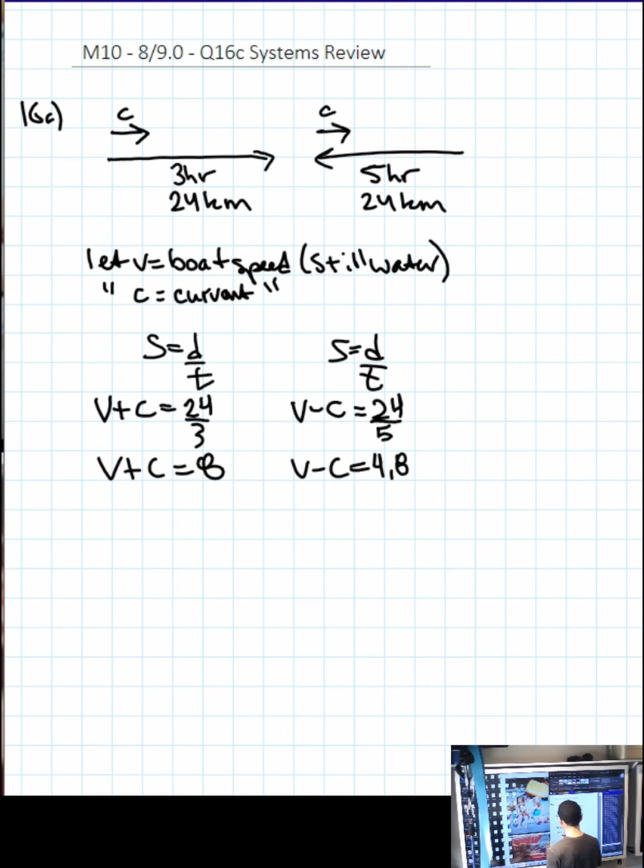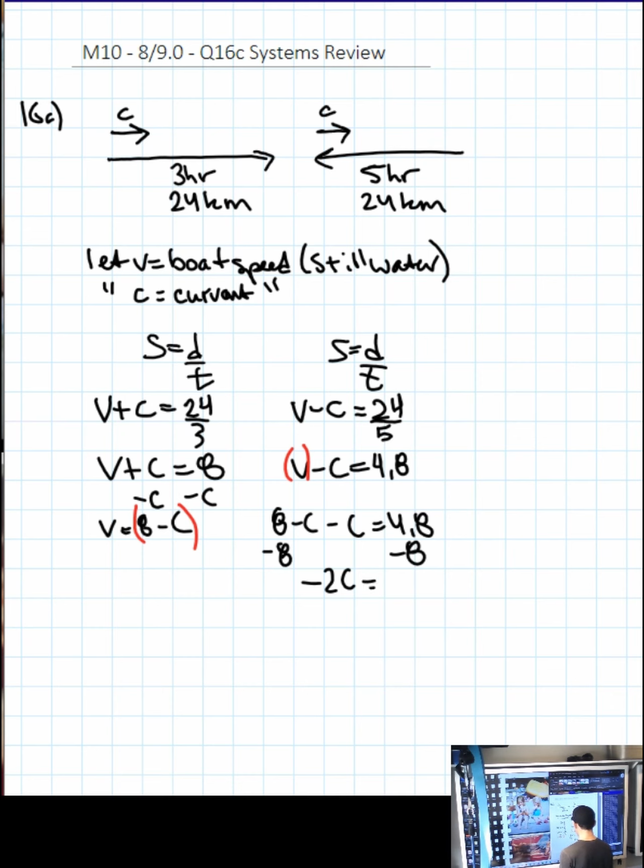So isolating for a variable, let's subtract c from both sides. v equals 8 minus c. Substituting that into the other equation, brackets around what v is equal to, brackets around v in the other equation, substitute. So we're going to get 8 minus c minus c equals 4.8. If we minus 8 from both sides, we'll get 4.8 minus 8. Minus c minus c is negative 2c equals negative 3.2. Divide both sides by negative 2. c equals 1.6.